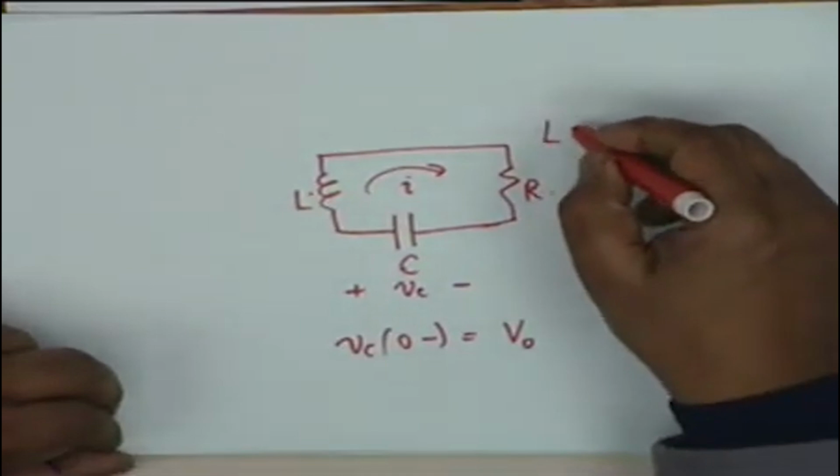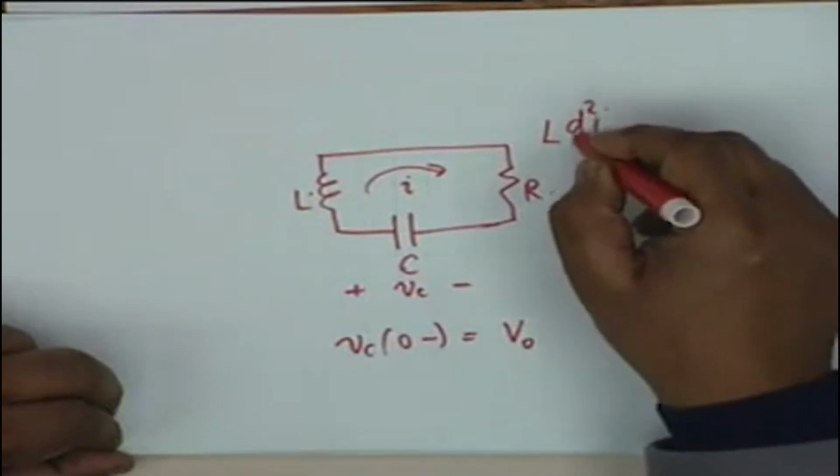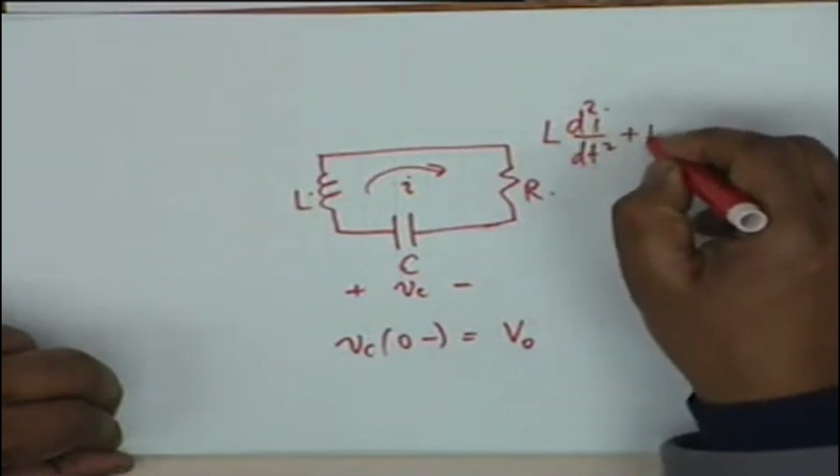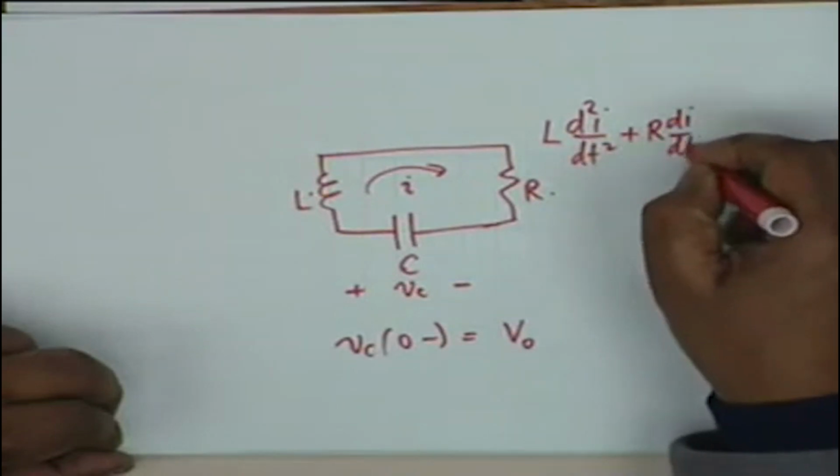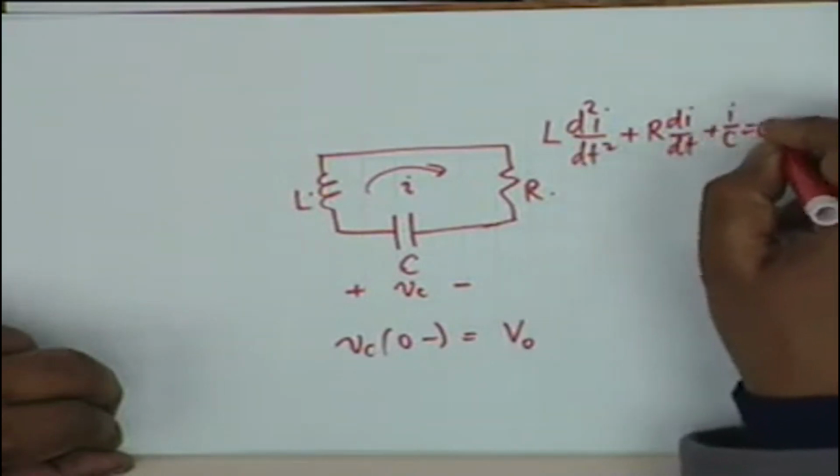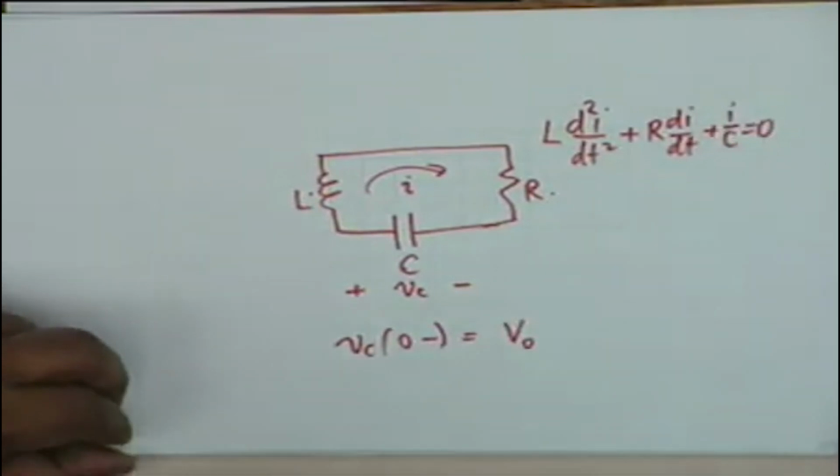differential equation. Differential equation was L d2i/dt2 plus R di/dt plus i/C equal to 0. How did we obtain this equation?